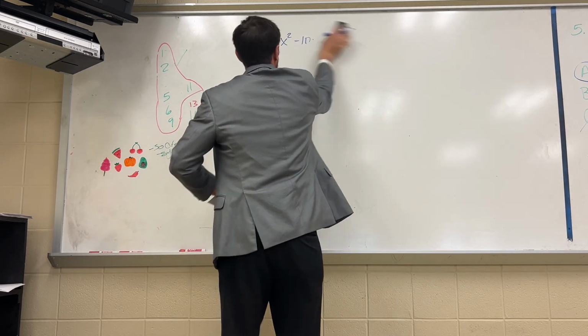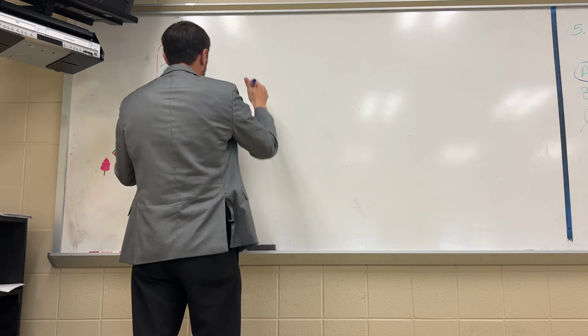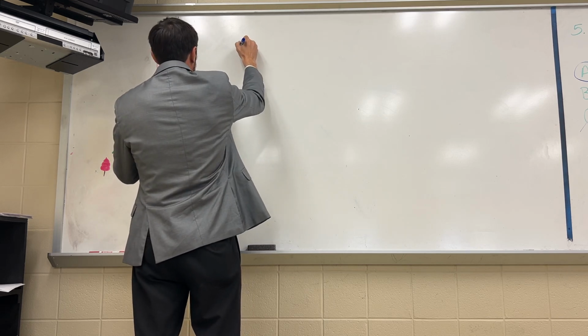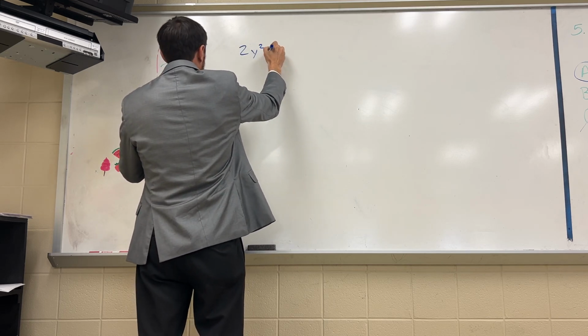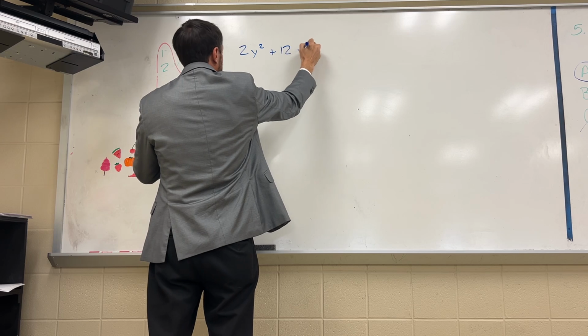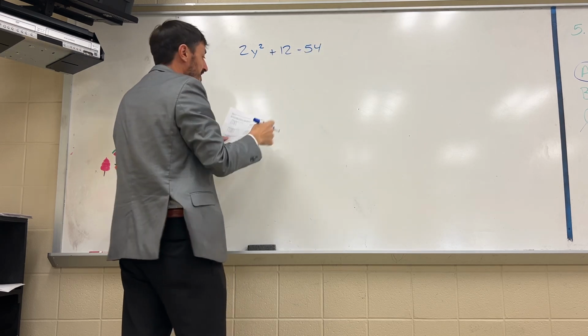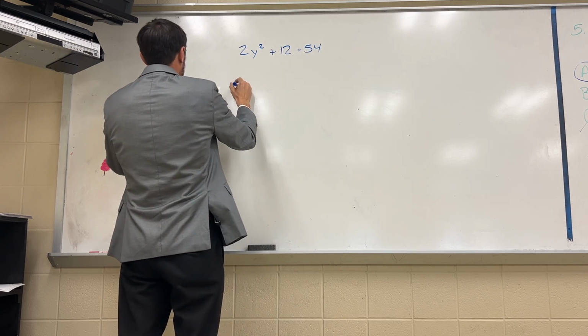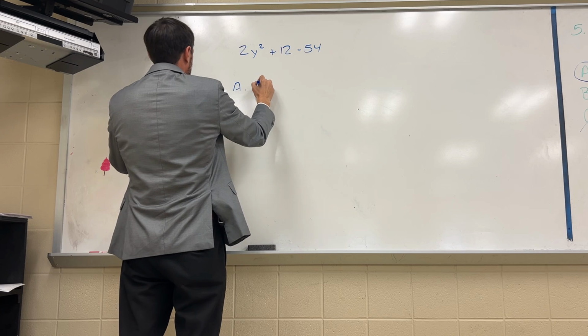Now, let's go over a problem where you have a coefficient of 2 in front. So number 5 says 2y squared plus 12y minus 54. Again, this is number 5 at the top of the sheet. Answer option A is this.